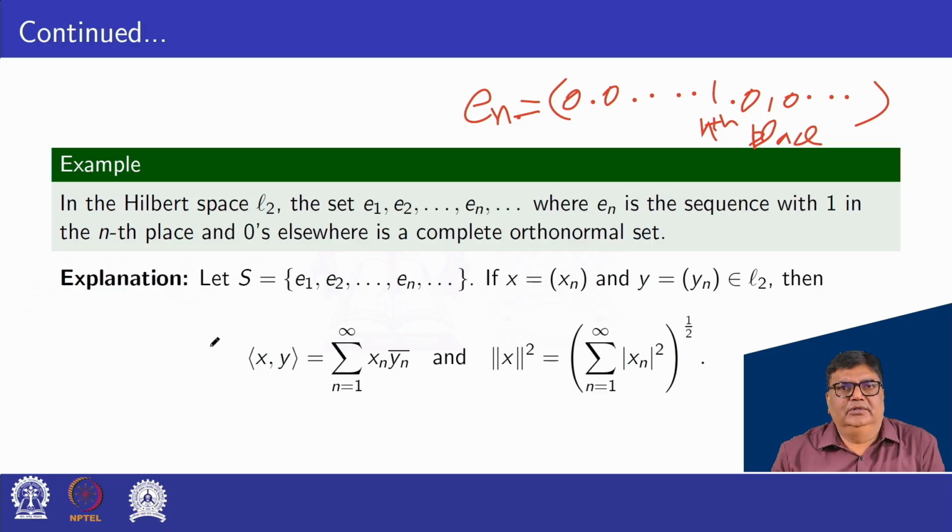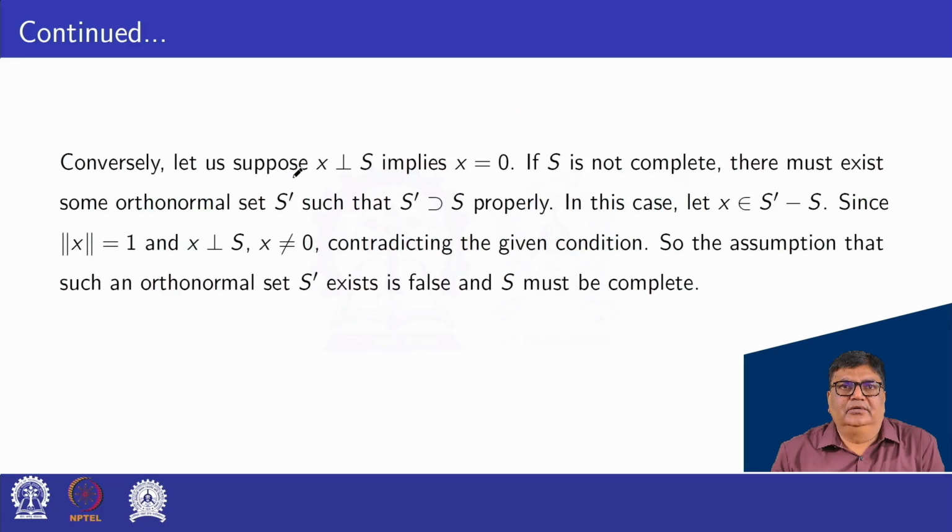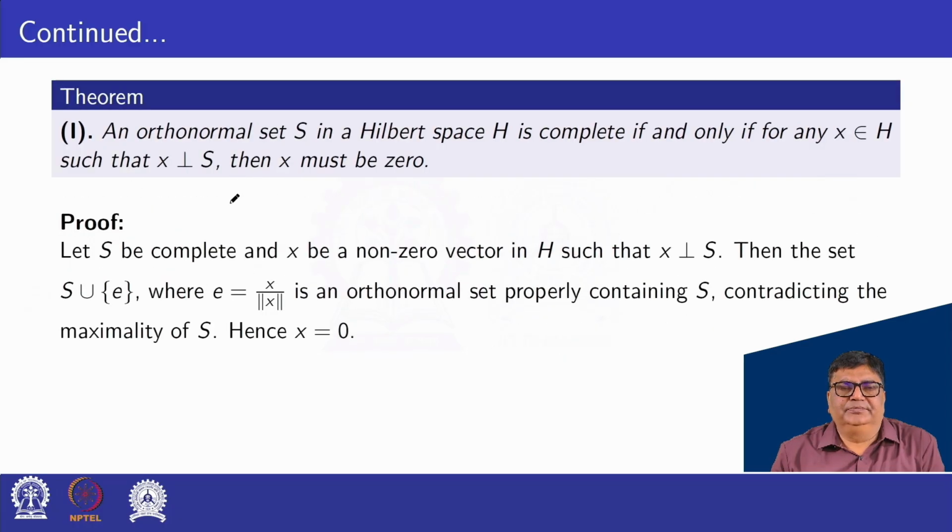This is the well-known definition of L2. We know that S is an orthonormal set. To show that it is complete, we need x perpendicular to S implies x is equal to 0, by the theorem.